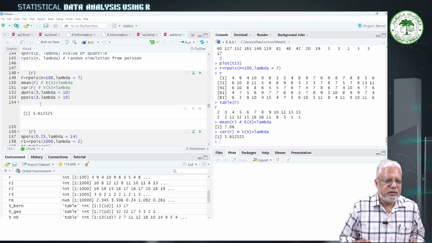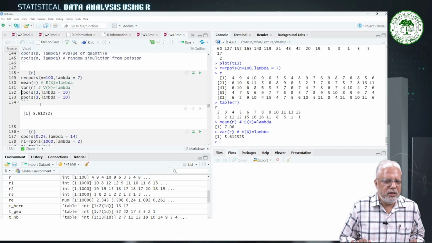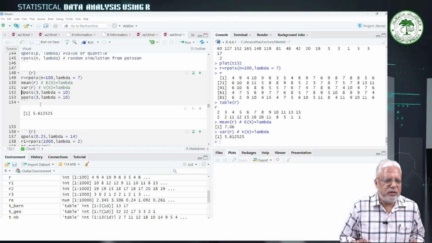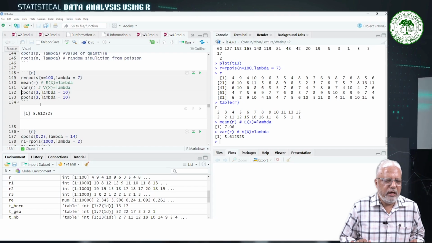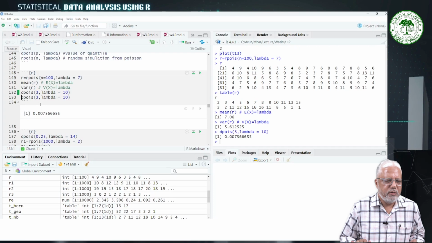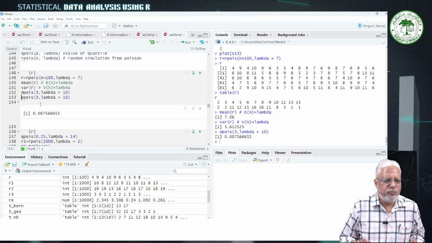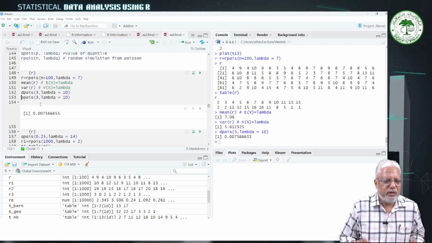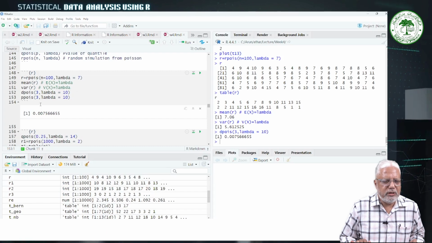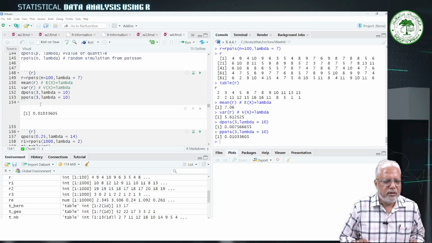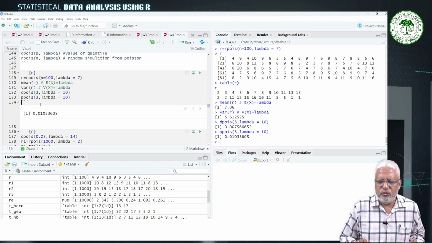Now dpois of 3, the value of the density at 3 with lambda equal to 10. ppois is the probability value of the CDF for lambda equal to 10. It is 0.01.